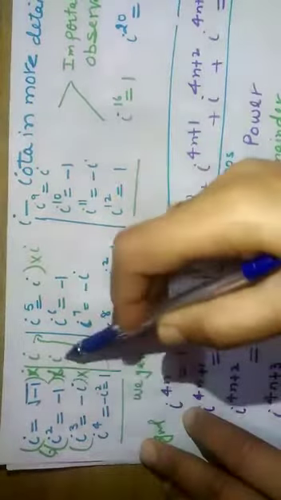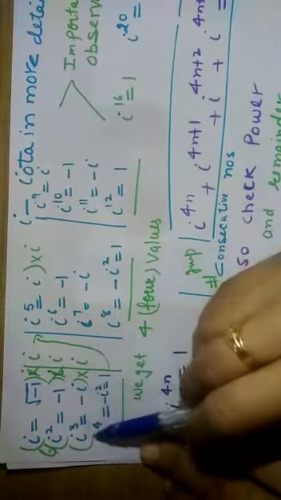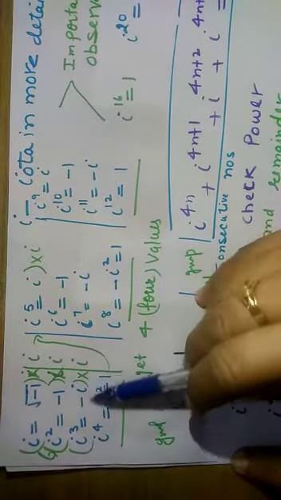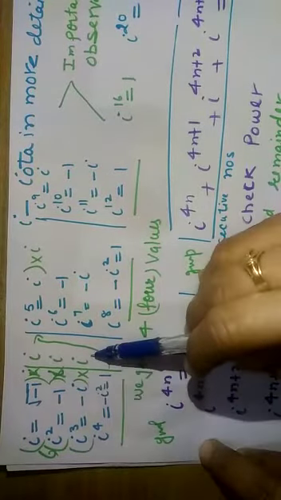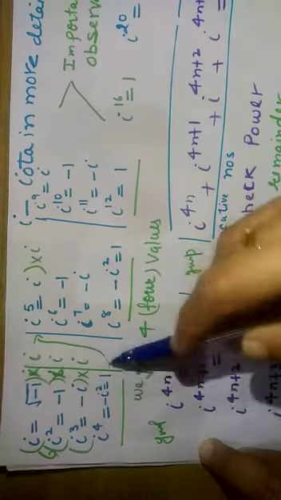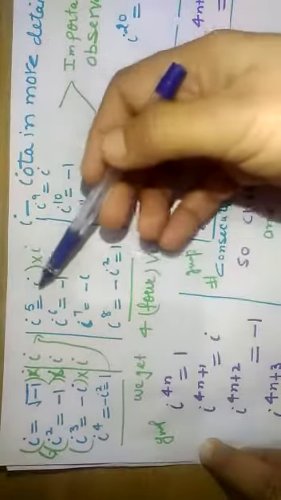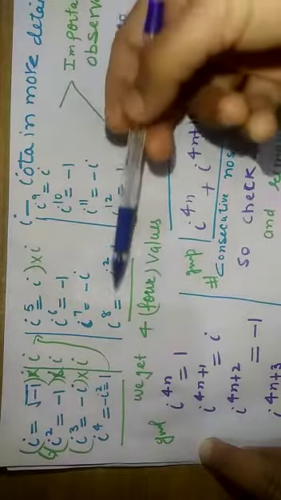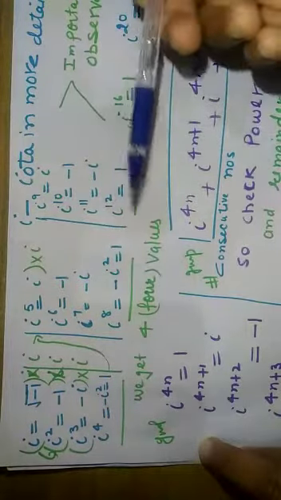If I multiply again on both sides by iota, then on the left hand side I will get iota cube, and on the right hand side I will get minus iota into iota, which gives me minus iota square. If I repeat in this way, I will get different powers of iota with repeated values.